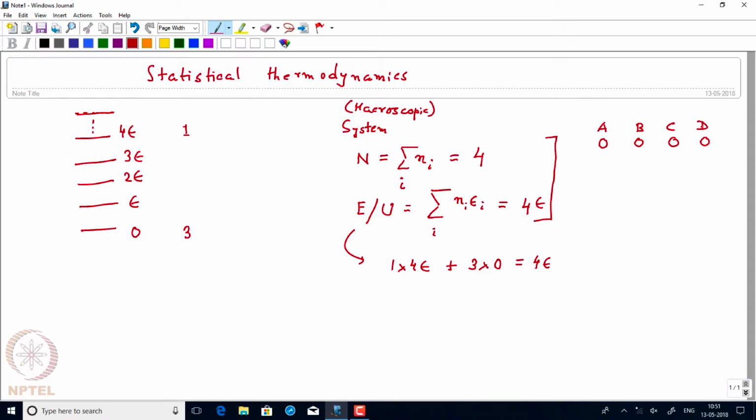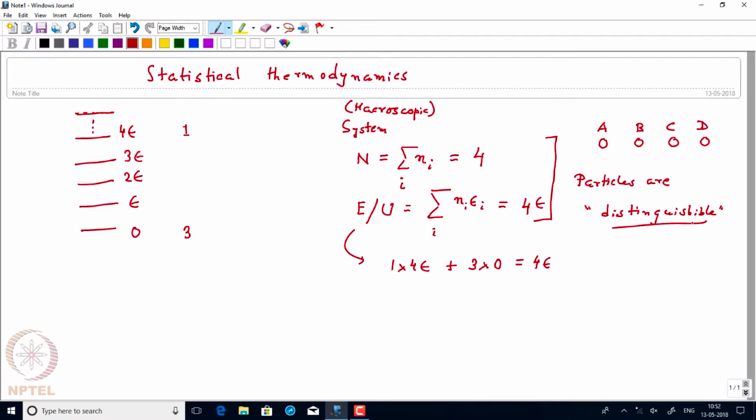It has a specific identity. So in this case I am assuming that the particles are distinguishable, and this is very, very important.